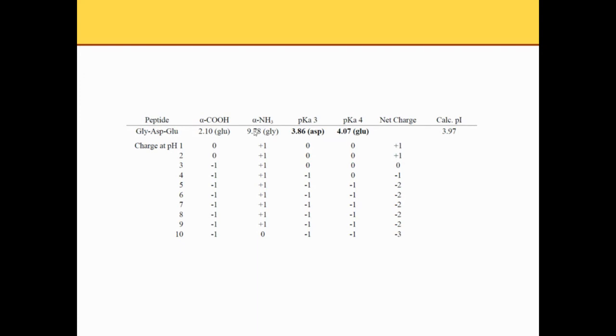You put these 2 numbers here. And then next, you look at the side chains. The side chain for aspartate is 3.86 and for glutamate 4.07. From 2.10, 3.86, 4.07, and 9.78, these 2 are in the middle. So you take the average of these 2, and that gives you the PI.